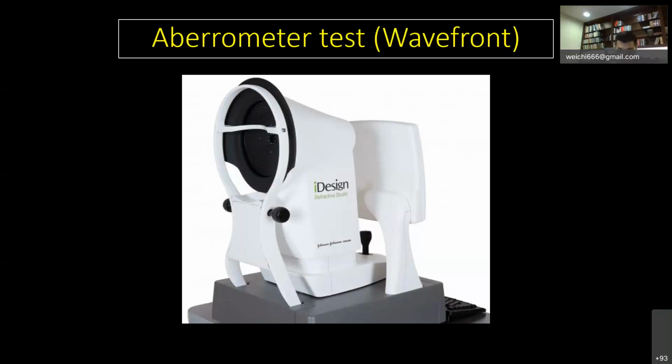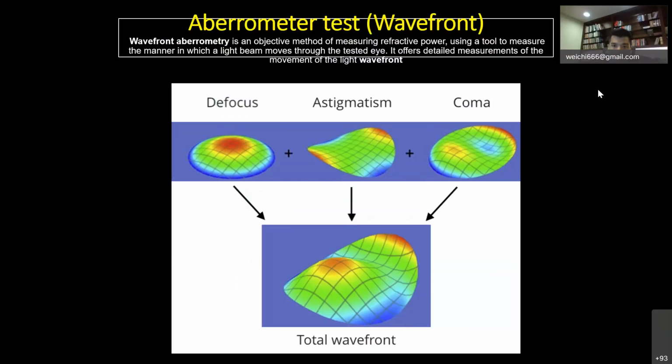And right now we also have a machine that could measure higher order vision abnormality. For example, this is an aberrometer test that could be used to test the aberrations of the eyes. Wavefront aberrometry is an objective measure of refractive power.